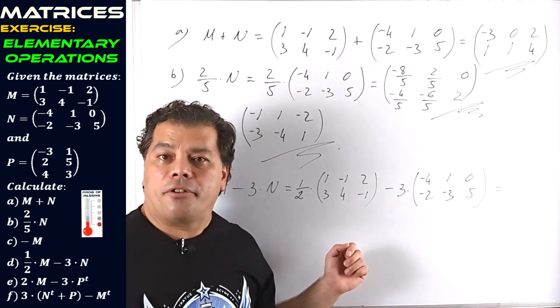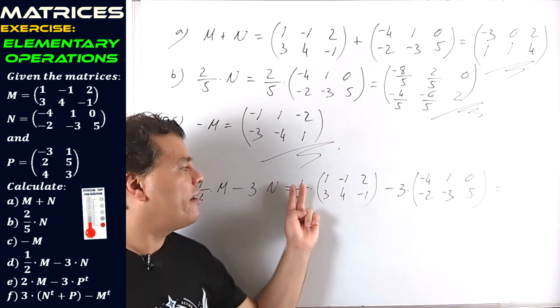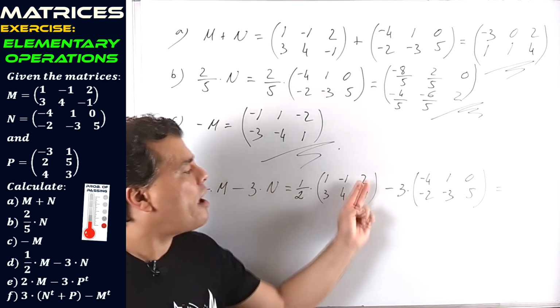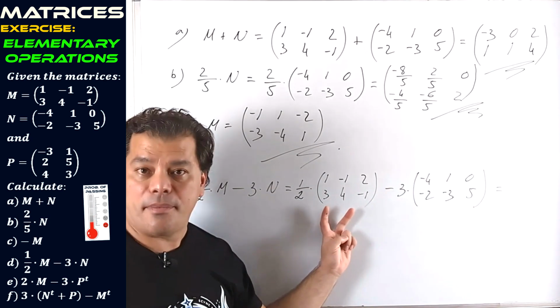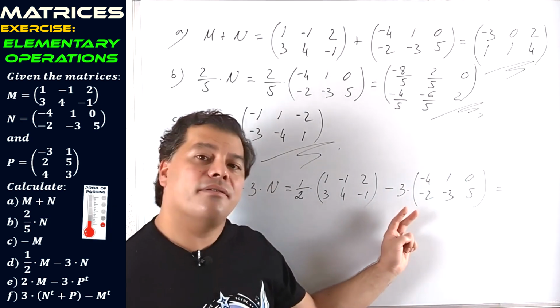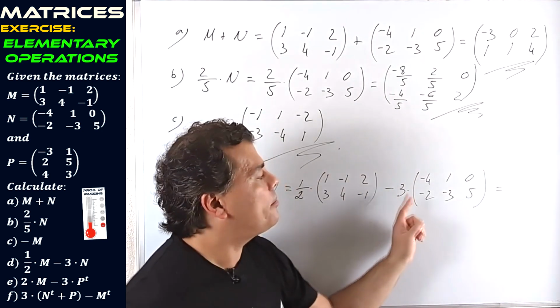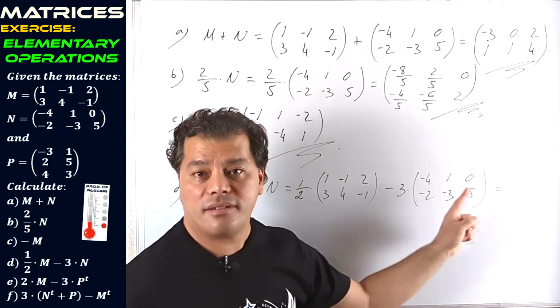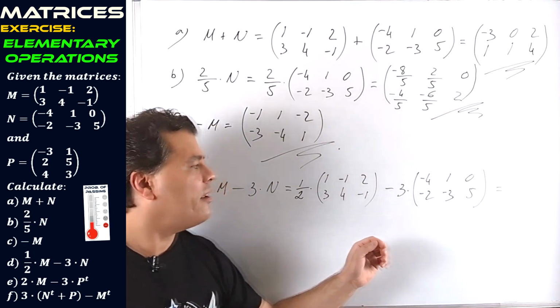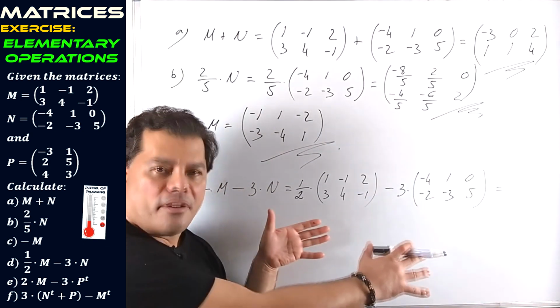The first thing we're going to do is to multiply 1/2 times every element inside this matrix. The second thing we're going to do is to multiply number 3 times every element inside this second matrix. And finally, we will subtract both matrices.